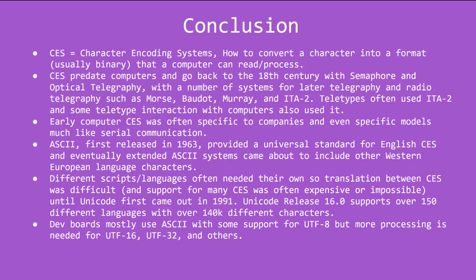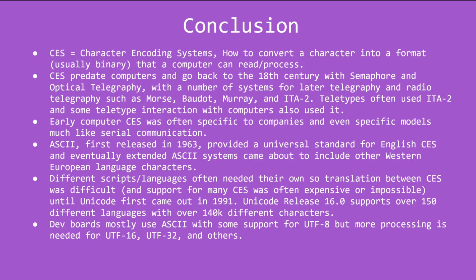Often early systems were specific to companies, sometimes even specific models. We talked about how IBM had their own sets of encoding systems, some of them used to this day. ASCII came along in '63, providing finally a universal standard, at least for English, American English. It got added to, and then there were some extended ASCII systems, but I mentioned how they were hardly universal.